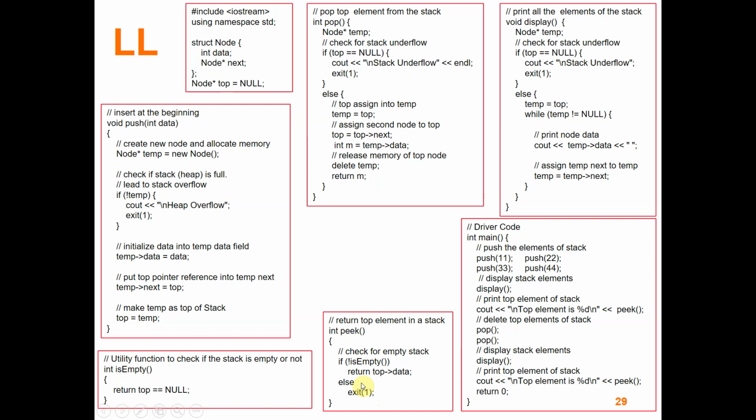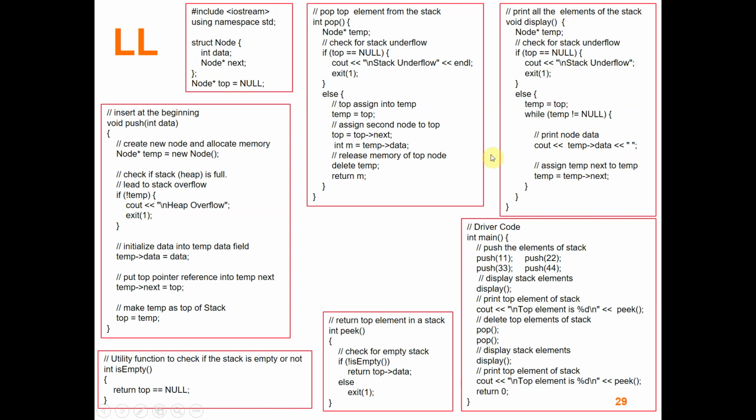The peek part doesn't have the deleting part. We don't need any temporary variable, so we just return the top arrow data, because the difference between pop and peek is that pop is supposed to fetch and remove, while this one only fetches.